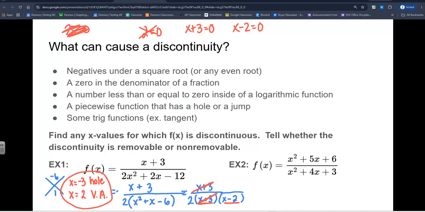Okay, so if we do the next one, we would need to factor here. The numerator is going to be x plus 2, x plus 3, and the denominator will have x plus 3, x plus 1.